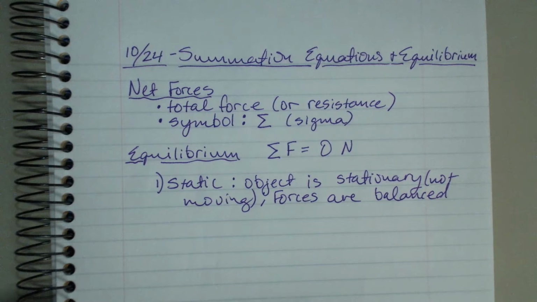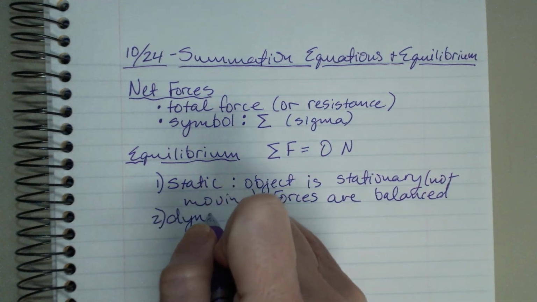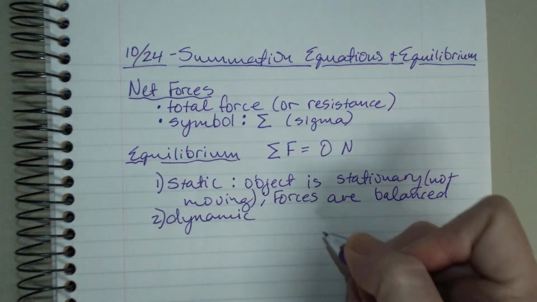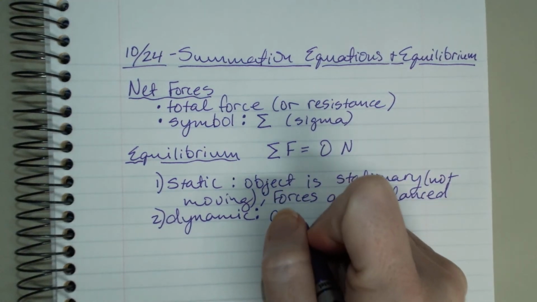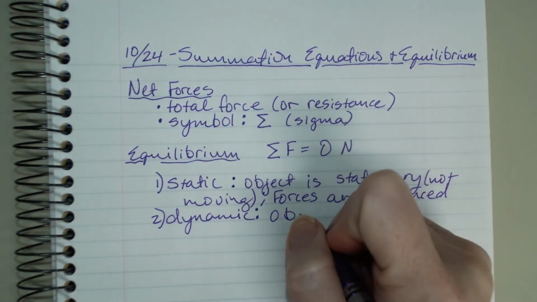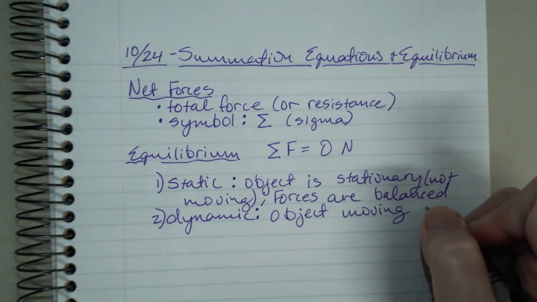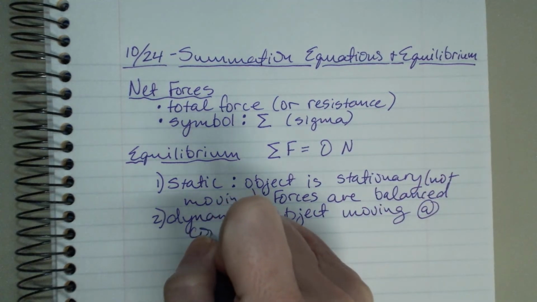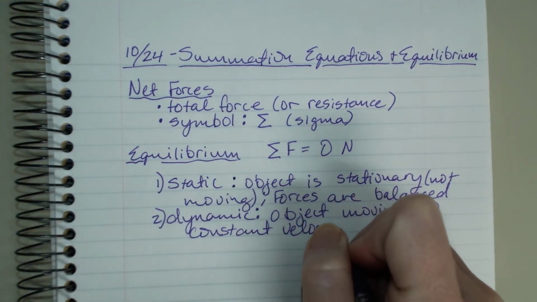Okay, and then you've got dynamic equilibrium. This is when you have an object moving at constant velocity.